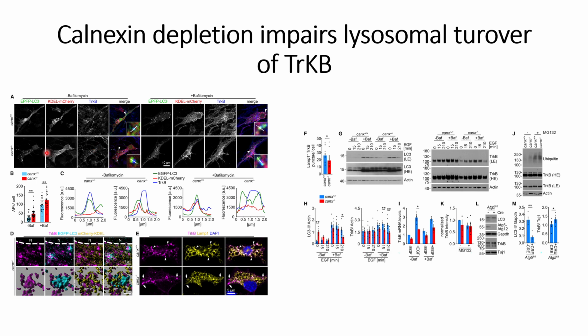However, when they check the calnexin depleted cells, it is not completely overlapping, but the TrkBs are present close to the KDEL-mCherry or LC3, indicating that the autophagosome has been defected.